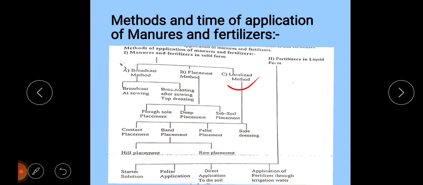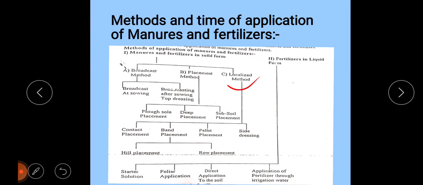Hill placement means we apply the fertilizers at the spots of different crops in the adjacent area. The second one is row placement, which means fertilizers and seeds are sown together in one line at different places. Row placement is used for sugarcane and some other cereals and pulses, which we can drill that way. Then pellet placement: pellets are super granules of urea.